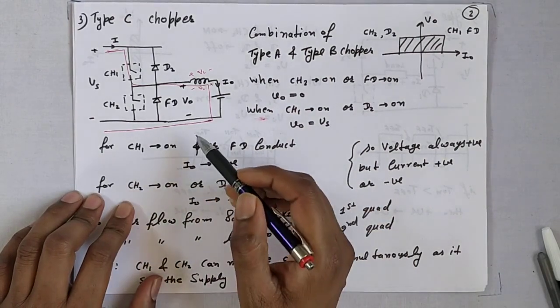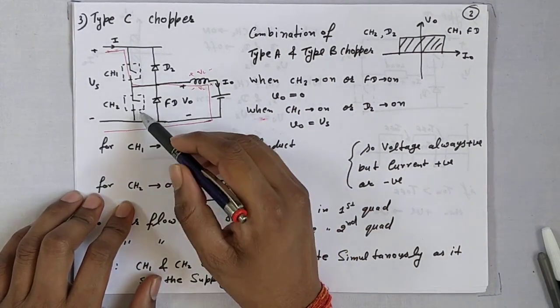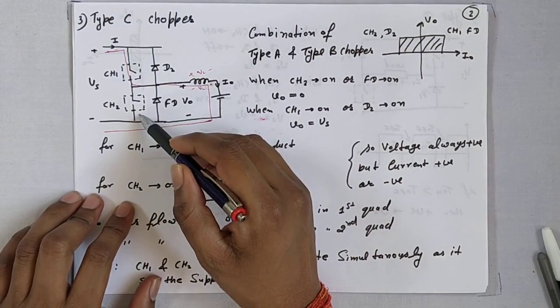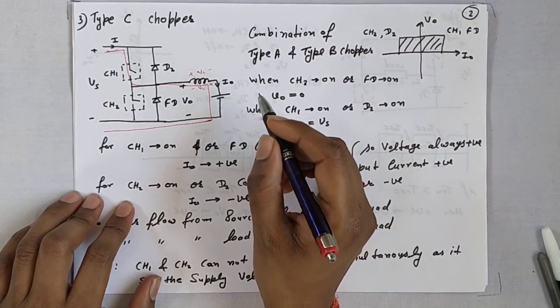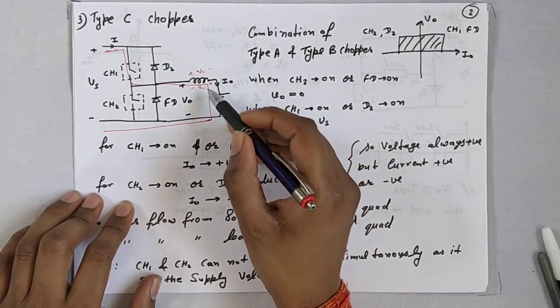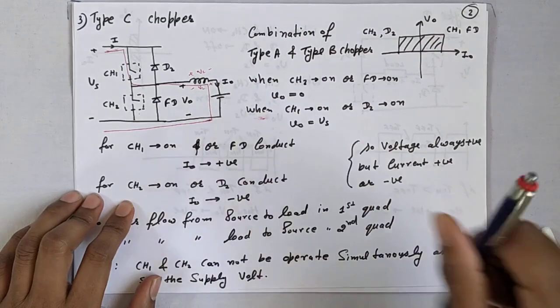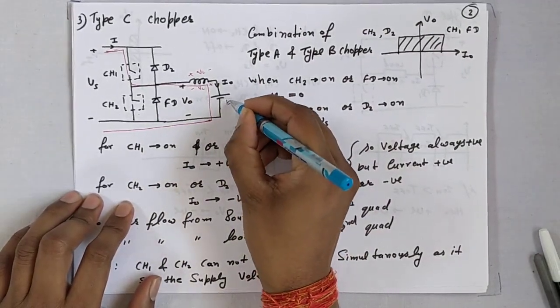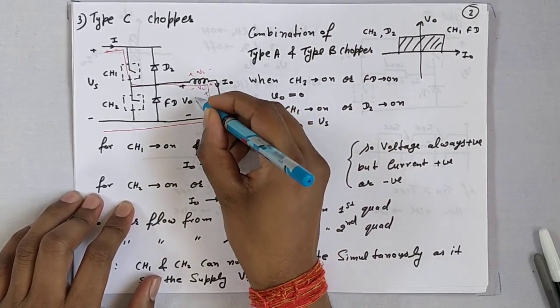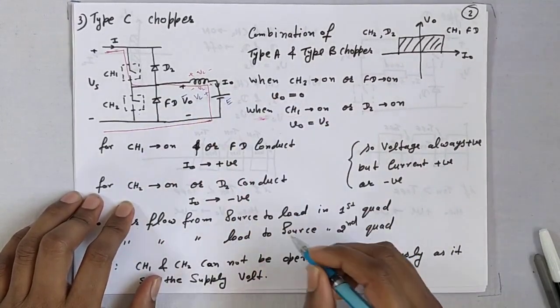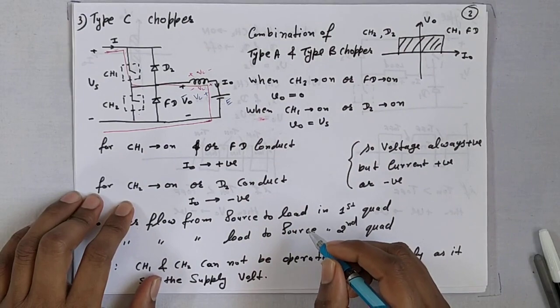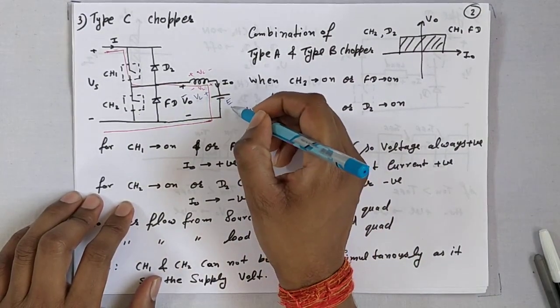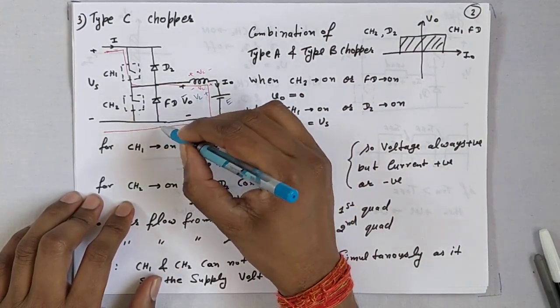For CH2, suppose at the time CH2 is on. At that time, this inductor is charging through this E, with the polarity of VL minus like this. This inductor is charging through CS2.